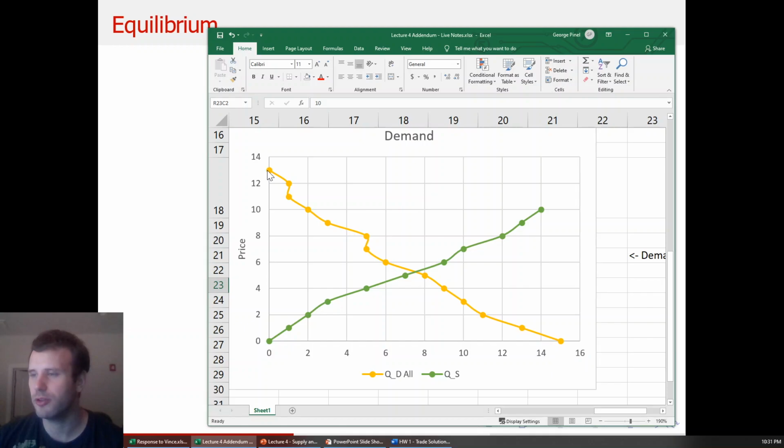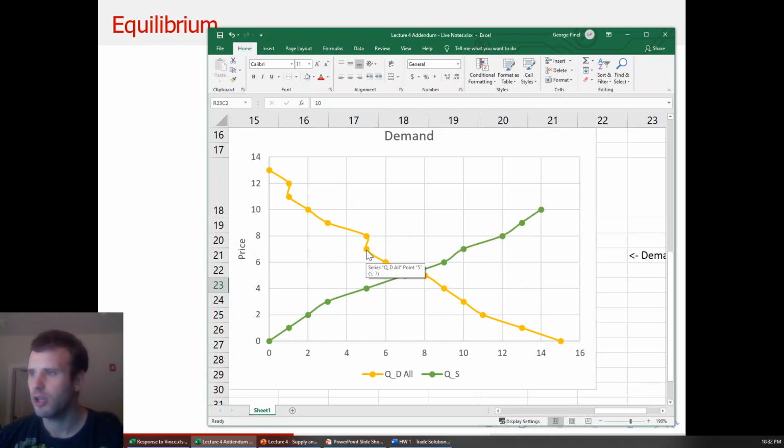But the one guy is willing to pay $12 for the first hot dog. But when there are 15 hot dogs in the market, nobody's willing to pay. So you'd think that as long as there's someone who wants the hot dogs more than the cost of someone who wants to sell the hot dogs, then these guys should enter in some sort of trade, right? So at this point here, someone wants a hot dog and they're willing to pay $7 for it.